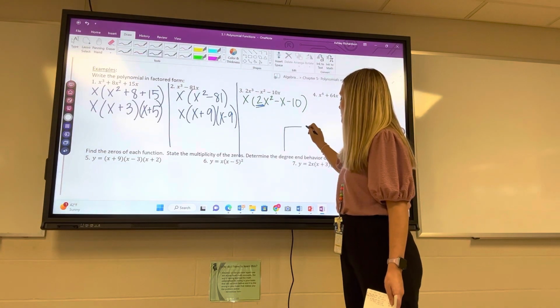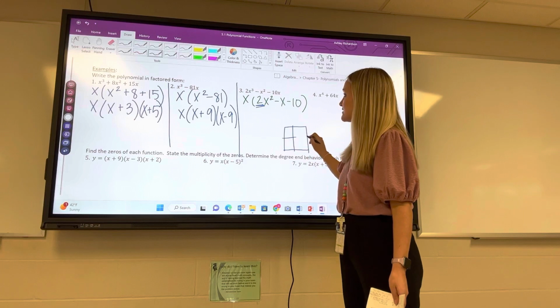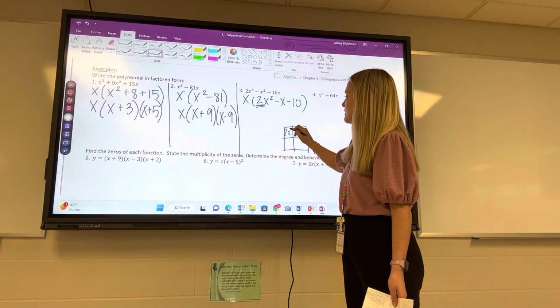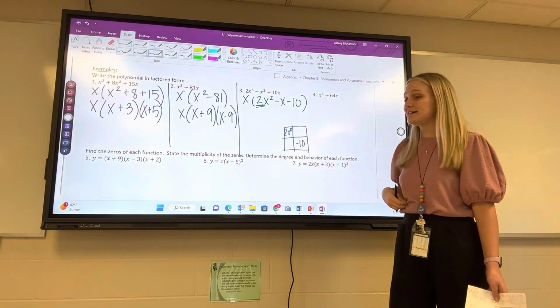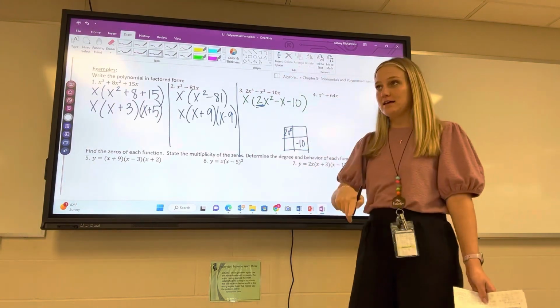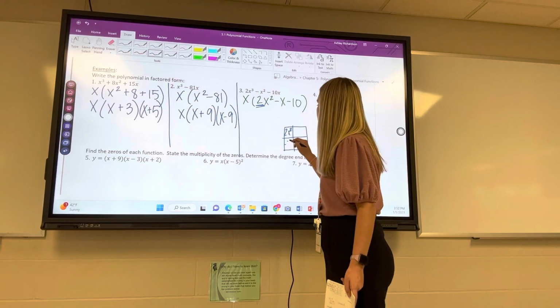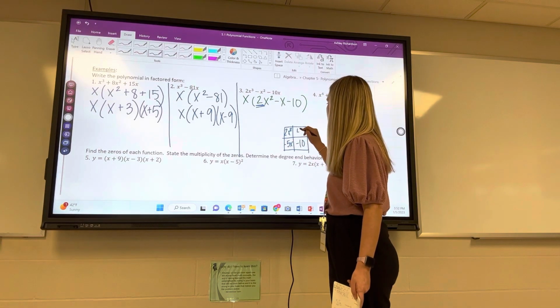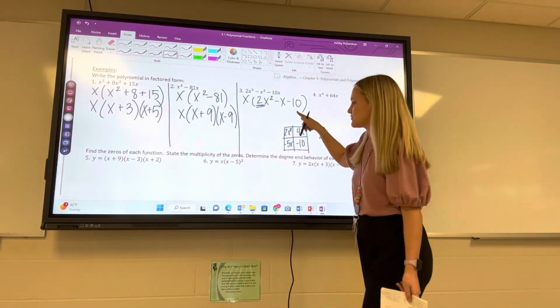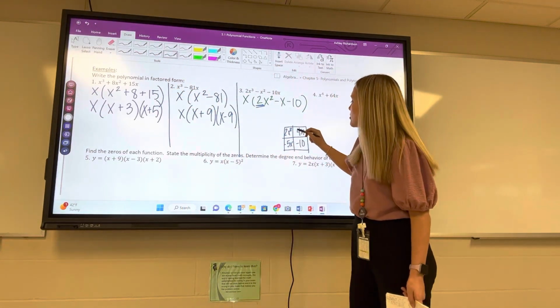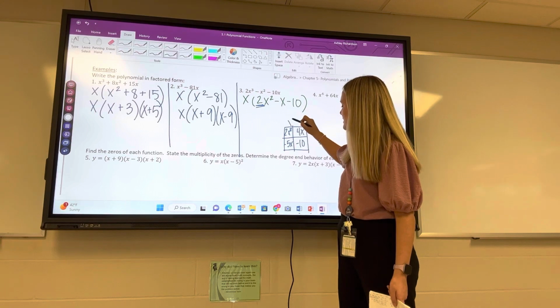And that's when we can draw our box, if this is the method you like to use. So you put your 2x squared, your negative 10, and then your factors of negative 20 that add to negative 1 would be negative 5x and 4x. Then I go through my box and I find my greatest common factors in each row and column. With 2x squared and 5x, it's x.